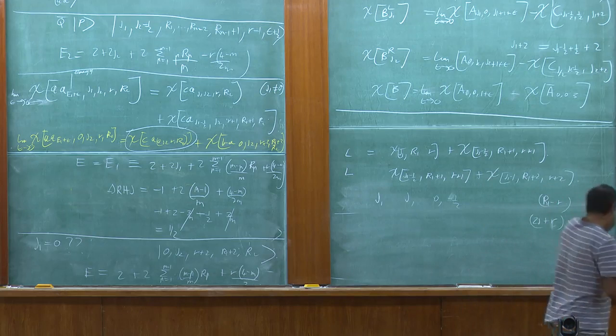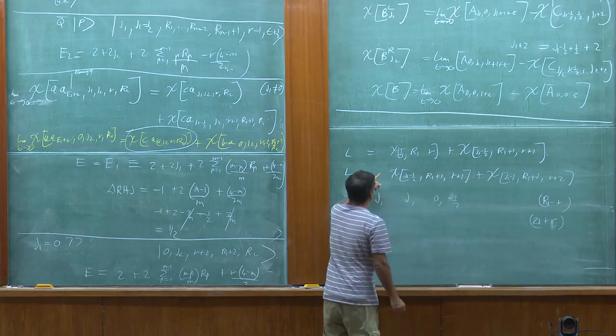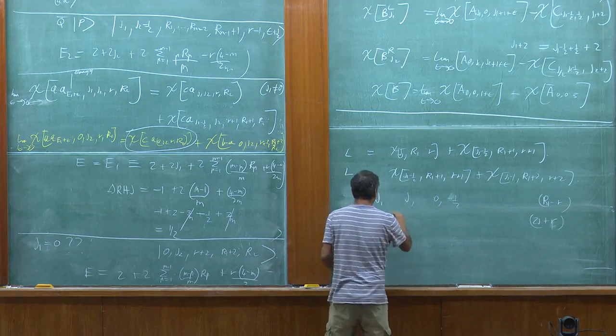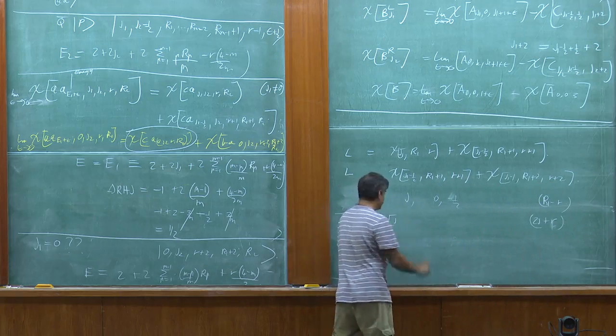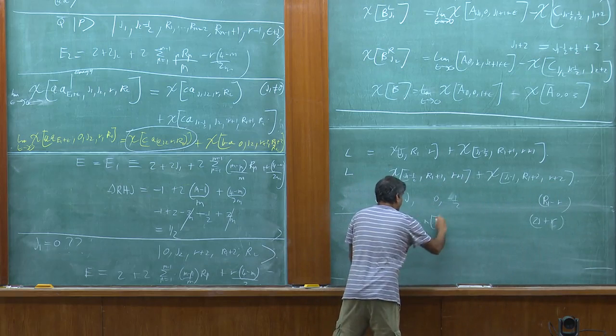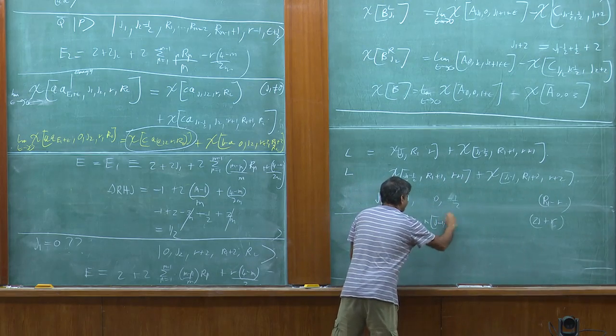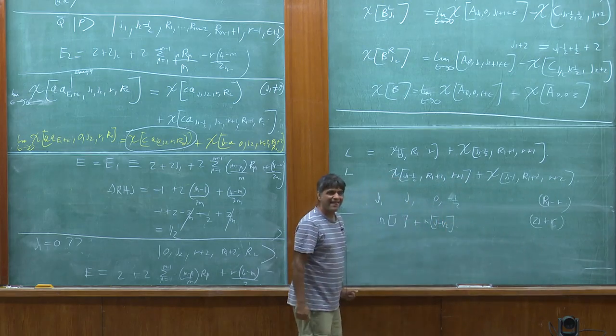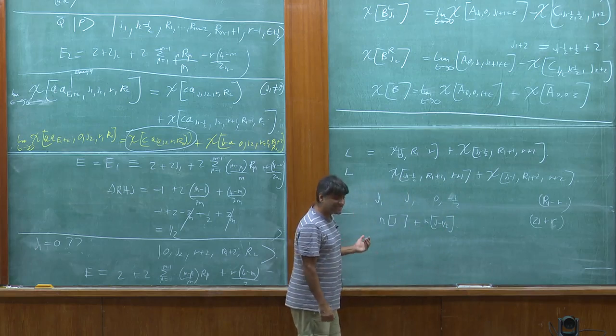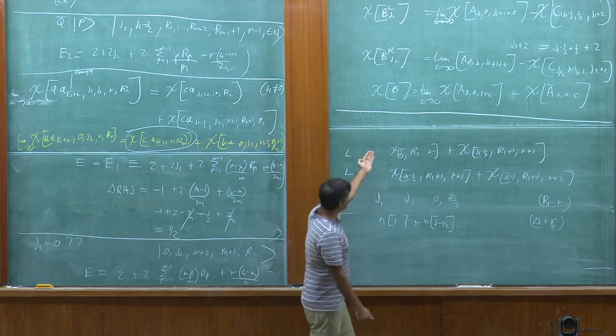So what we have is this, that the number of J plus number of J minus half, this is free to change.